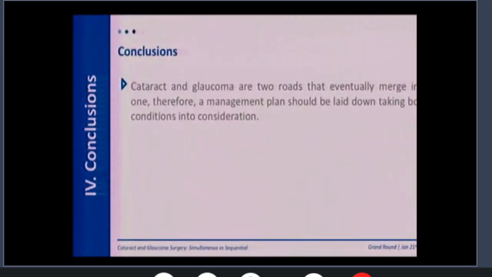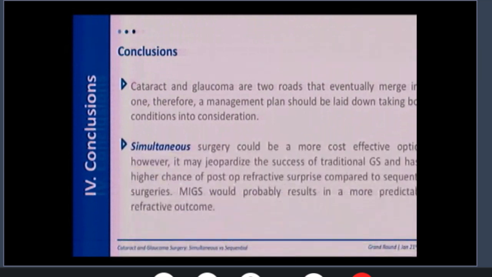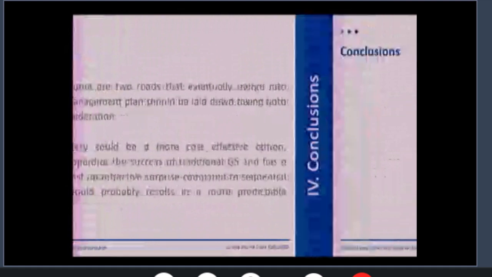So I'll just summarize what I've said. Cataract and glaucoma are two roads that eventually merge into one. And whenever you're putting a management plan together, you should keep both into consideration. Simultaneous surgery could be a more cost-effective option, but it may jeopardize the success of traditional surgery, and it has a higher chance of post-op surprise. MIGS is probably a better alternative than traditional surgery when considering simultaneous surgery.